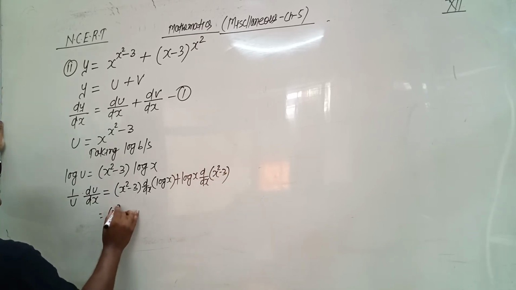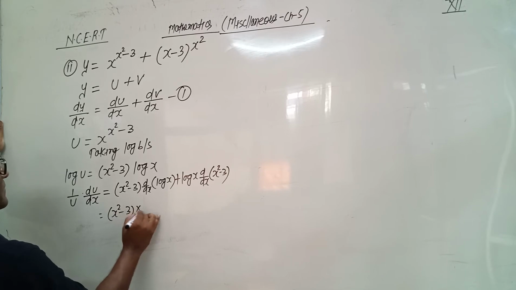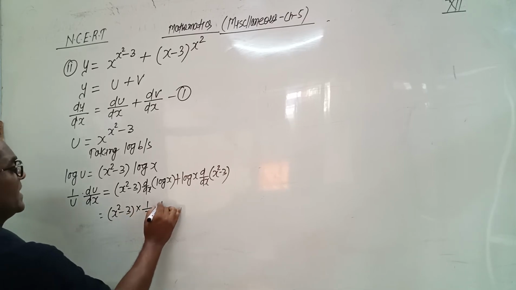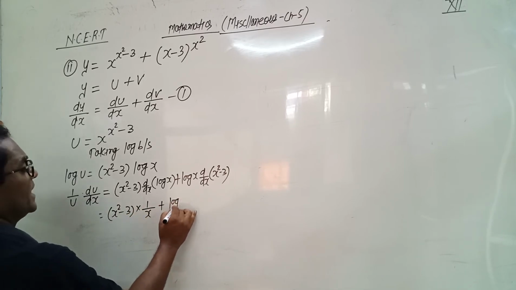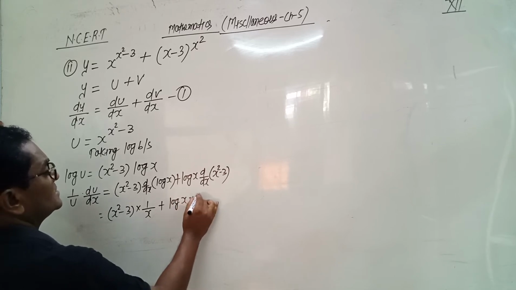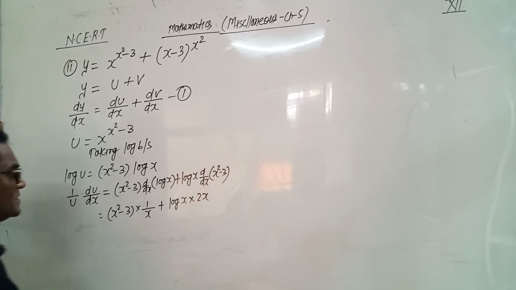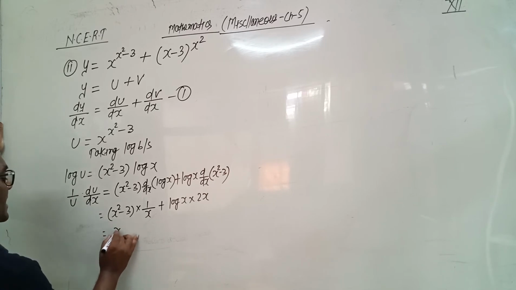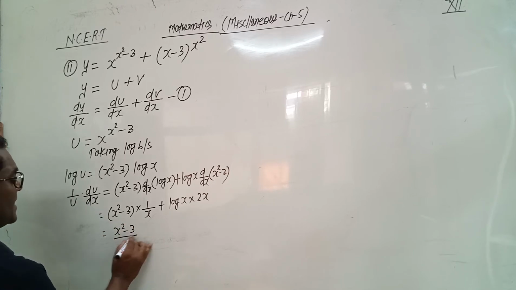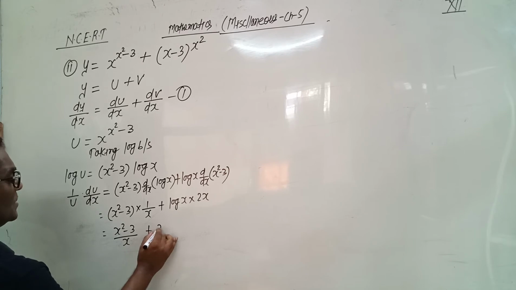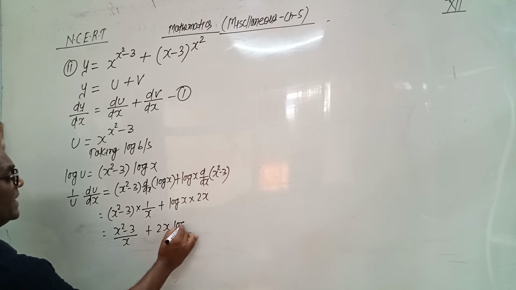Differentiation of log x is 1 by x, plus log x as it is, and differentiation of x square is 2x, and differentiation of 3 is 0.